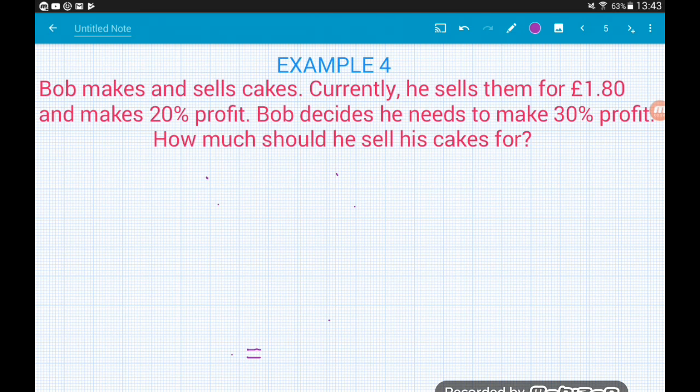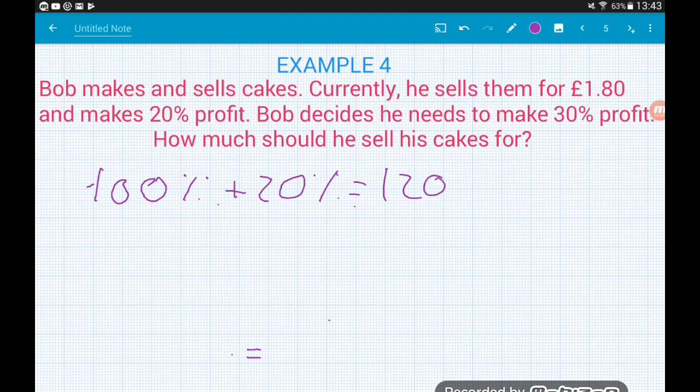So, remember that profit is the amount of money that you make after you've made back what you've had to spend. So Bob, when he sells his cakes for £1.80, is making back 100% of the cost, and he's also making 20% on top of it. So altogether, Bob is making 120% of the amount it cost him to make a cake. So we know that 120% of the cost is equal to £1.80.